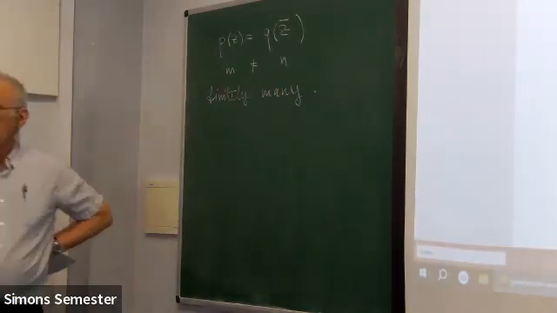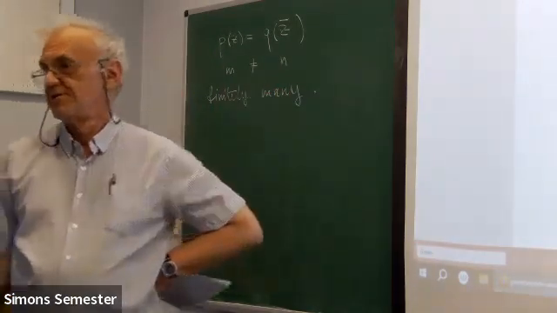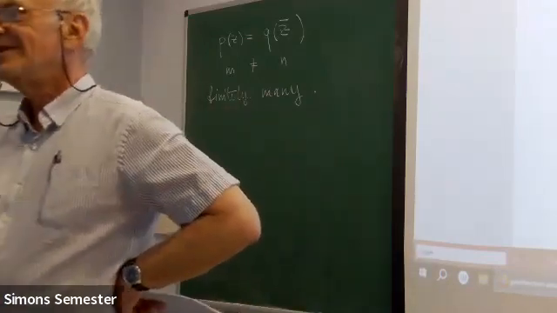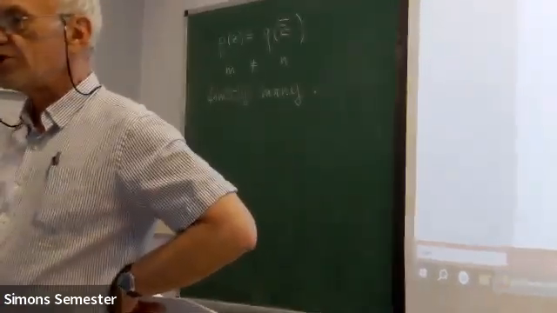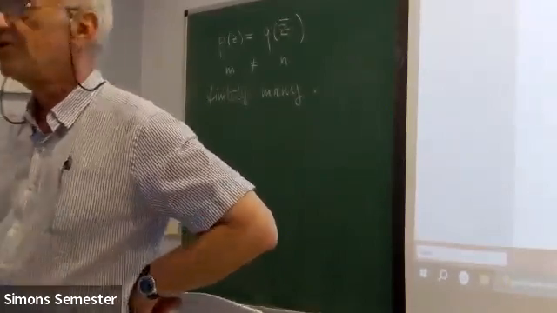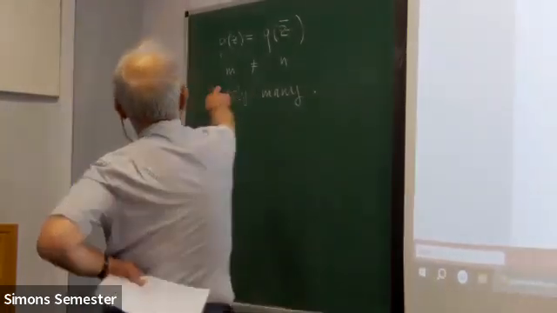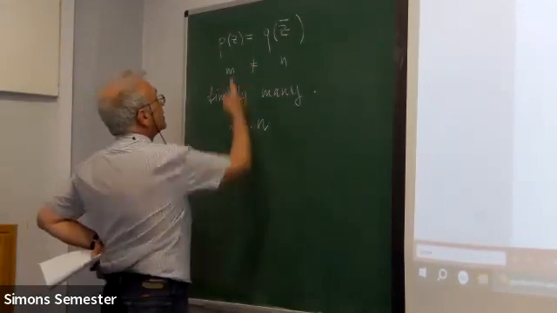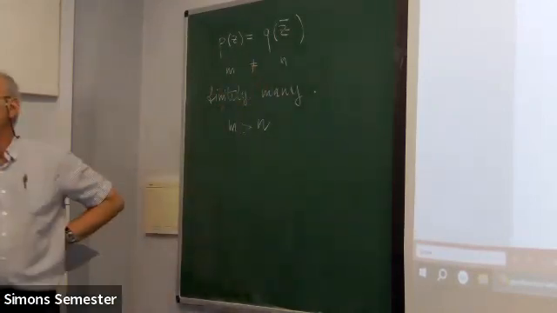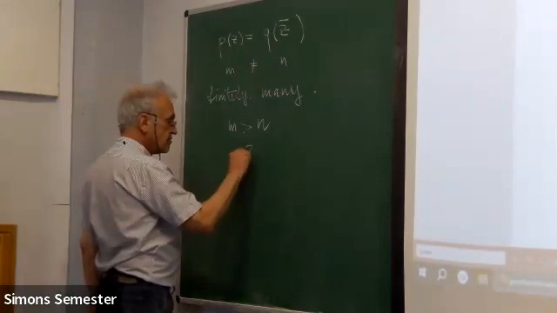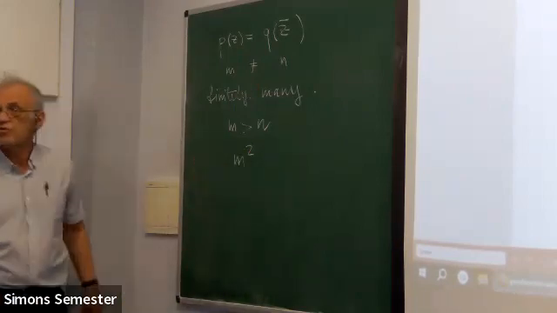Now, how many? You can write everything in terms of x and y and obtain two real polynomial equations in x and y, of degree m, bigger than n. Then you obtain a system of two equations of degree m, so it has m squared solutions by Bezout.